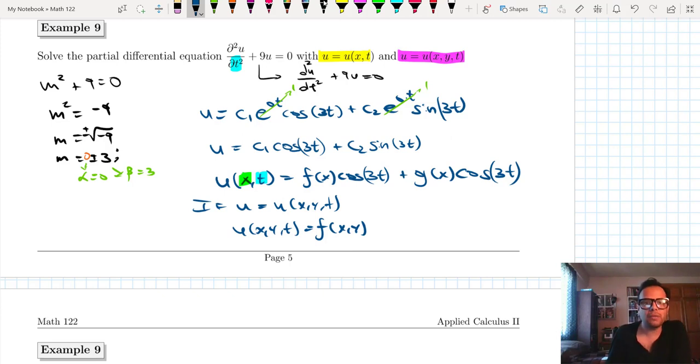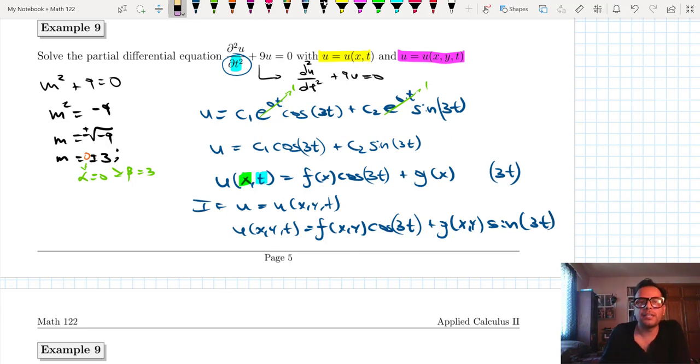Notice when we solved the equation itself, we didn't even mess with the variables x and y, but rather we were looking at the change with respect to t.